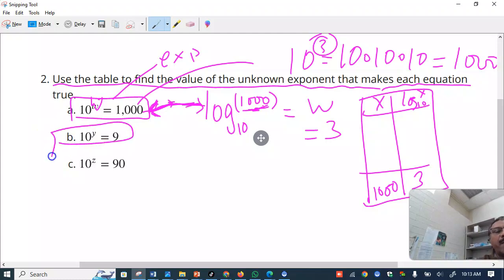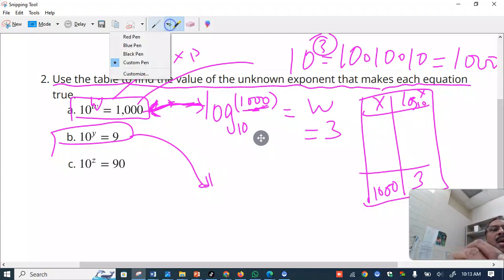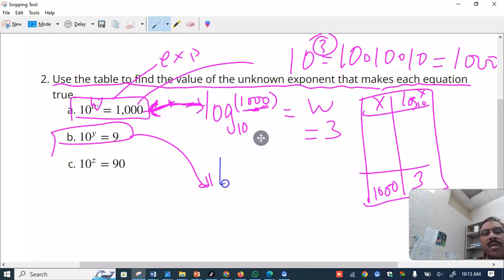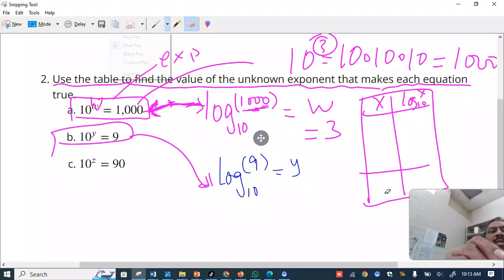Look at the second one. On the table, this can be written in the log expression. It is log to the base 10 of 9, and this is that y. So we want to look up from the first table. If you see the first table here, where is that 9?